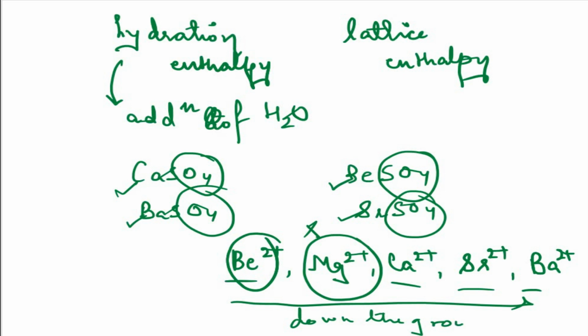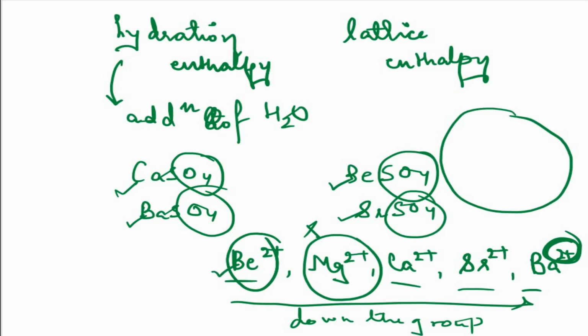Now we know that down the group the atomic size increases. So if the size increases, then the +2 charge will be spread out over a larger area as compared to beryllium. Beryllium has a smaller size and also a plus charge, so the charge will be located in a very small area, compared to barium, which has a larger size.